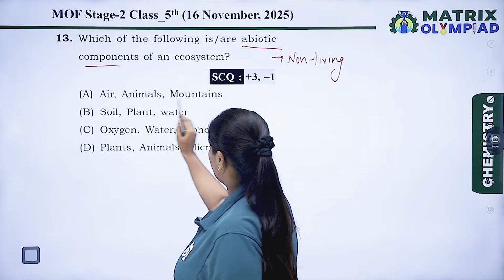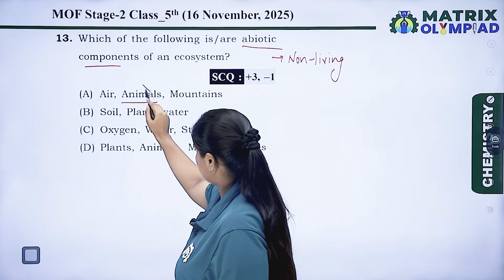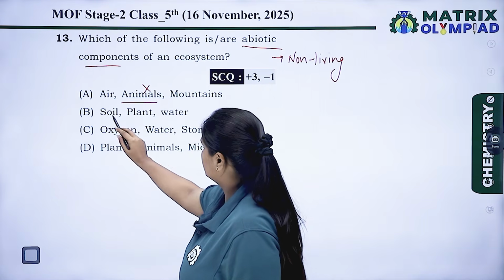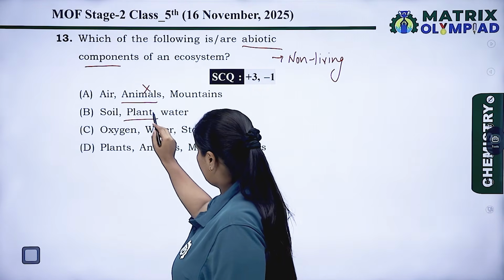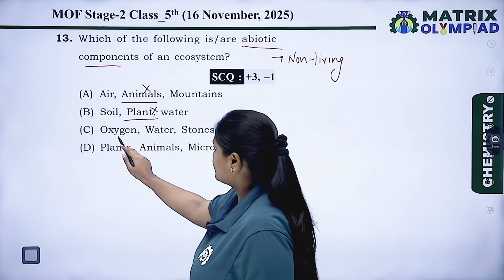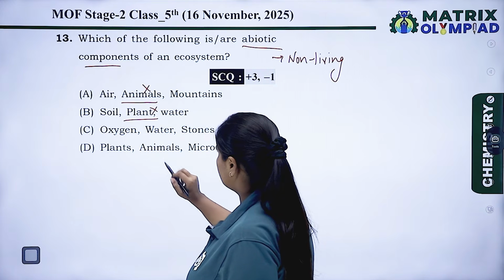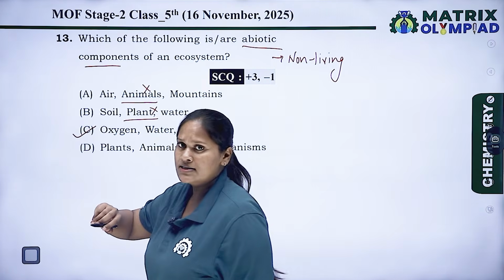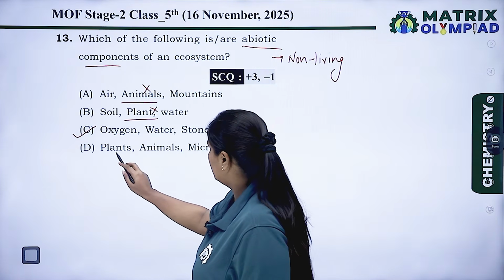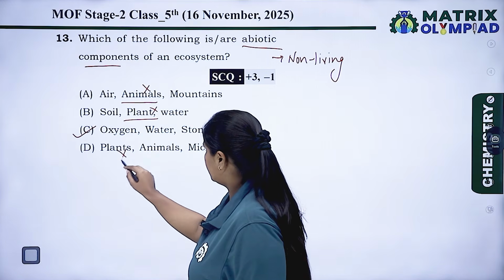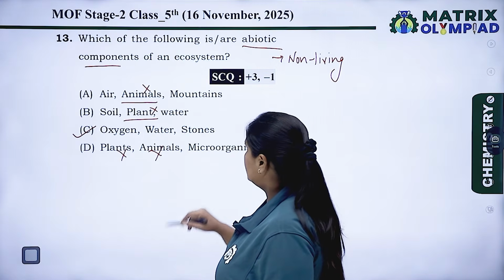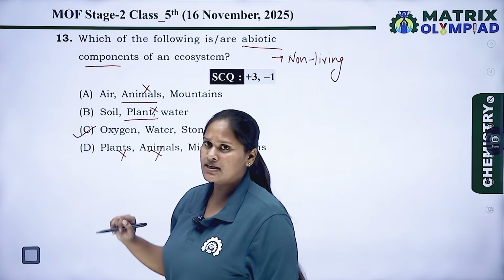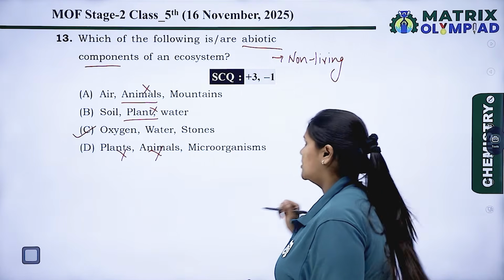Air, animals and mountains? No, animals are not abiotic. Soil, plant and water? Plant is not abiotic. Oxygen, water and stones? Option C. Now let's take D. Plants, animals? No, plants and animals both are not abiotic. So option C is the right answer for this question.